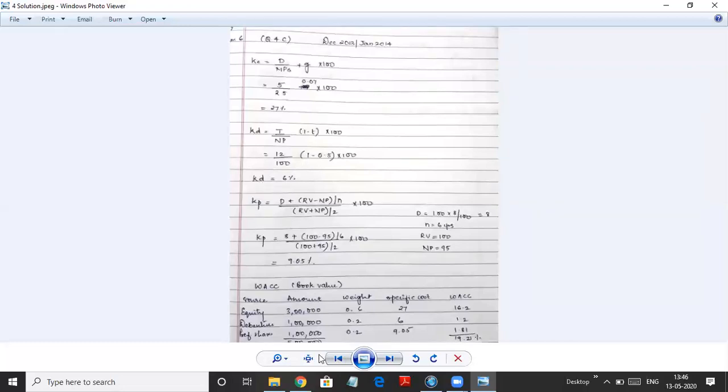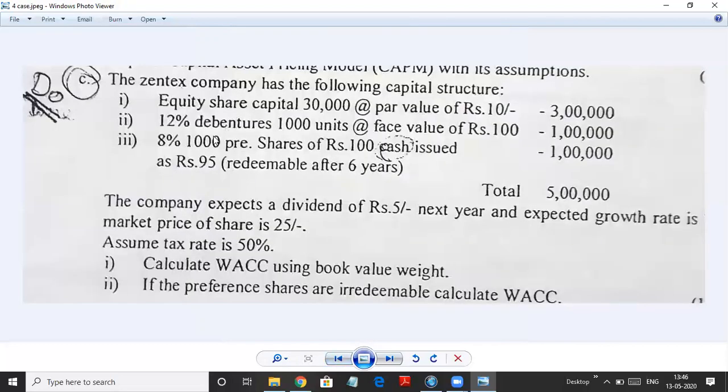Cost of preference, that is redeemable. Here if you see, 8%, 1000 preference shares of ₹100 each, issued at 95, redeemable after 6 years. Now this issued at 95 is net proceeds. This 100 is face value. 8% on 100, you will get 8 rupees as dividend. After 6 years it is redeemable, and redeemable value will also be 100 because they have not told it is redeemable at a premium.